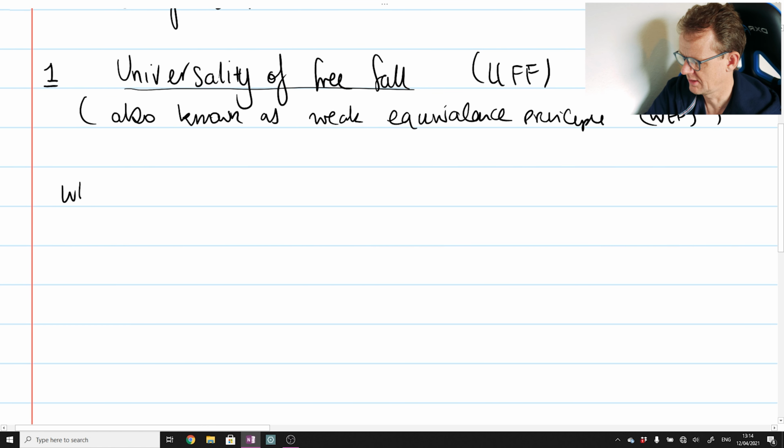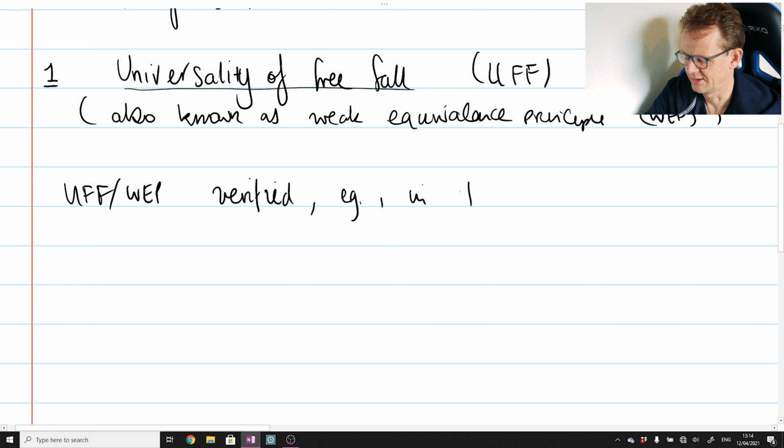UFF, WEP have been experimentally verified, e.g. in torsion balance experiments.